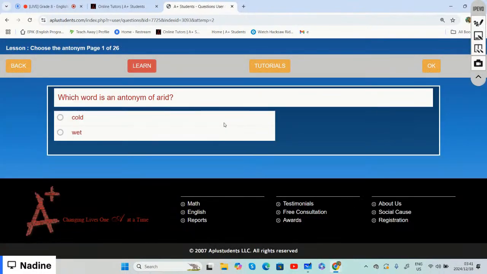We need to say which word is an antonym of arid. Is it cold or is it wet? The opposite of arid.